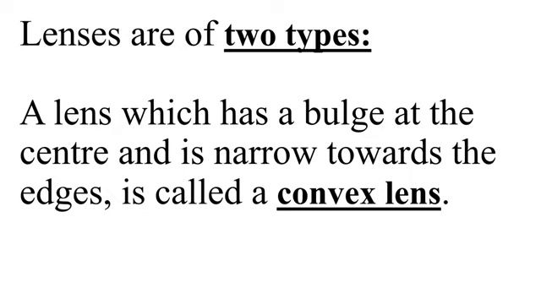Lenses are of two types. A lens which has a bulge at the center and is narrow towards the edges is called a convex lens.